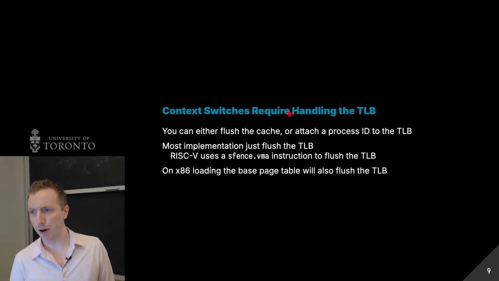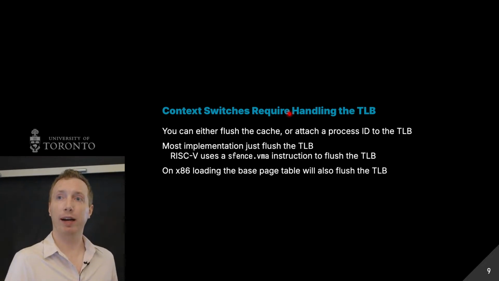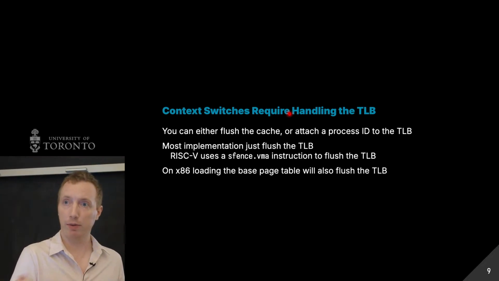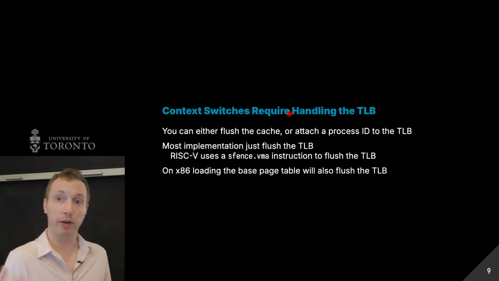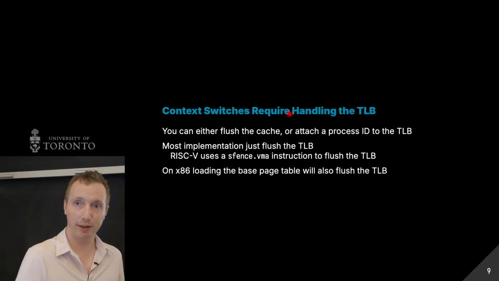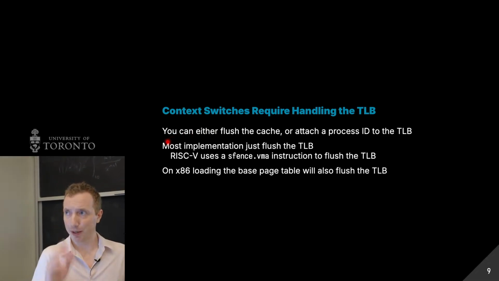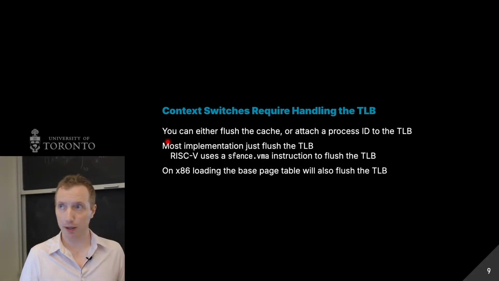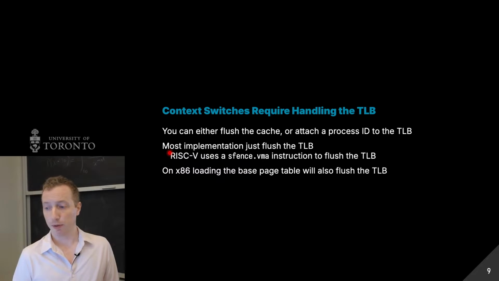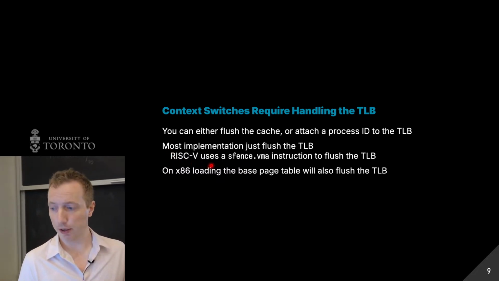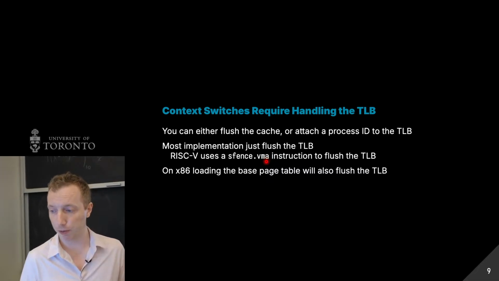Or with some hardware, the TLB will also support attaching a process ID to each entry, so that if you switch processes, it won't try to use that cached value for a different process to save you from accessing its memory. Most kernel implementations, whenever you context switch between processes, just flush the TLB. On RISC-V, there's a certain instruction for it, sfence.vma. The VMA ones have to do with virtual memory.